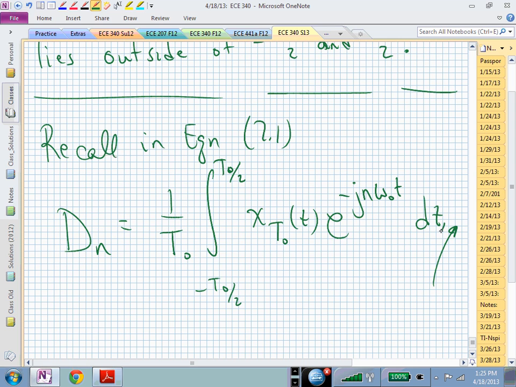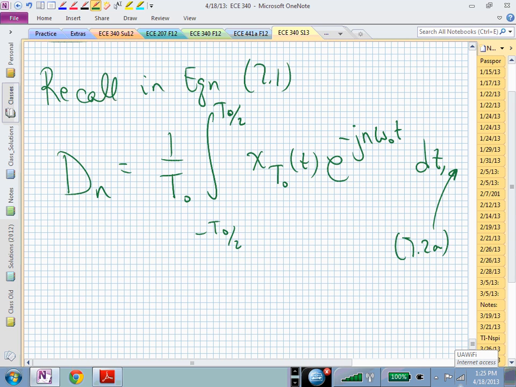And if you want to follow along at home later, that's equation 7.2a. With that, together with the exponentials, you've built little x sub t sub 0 of t.